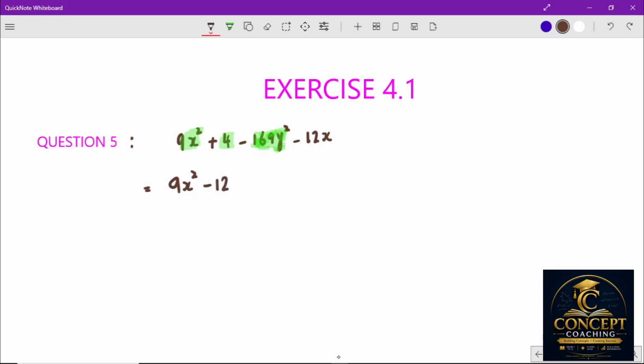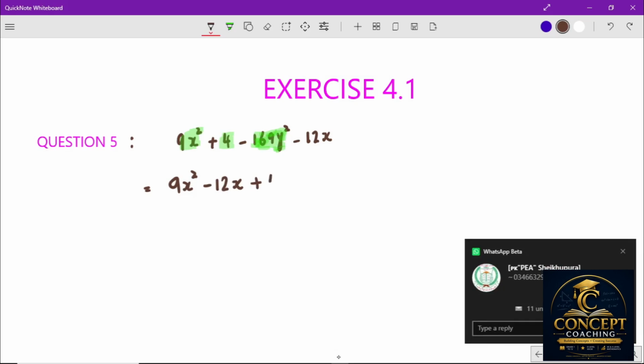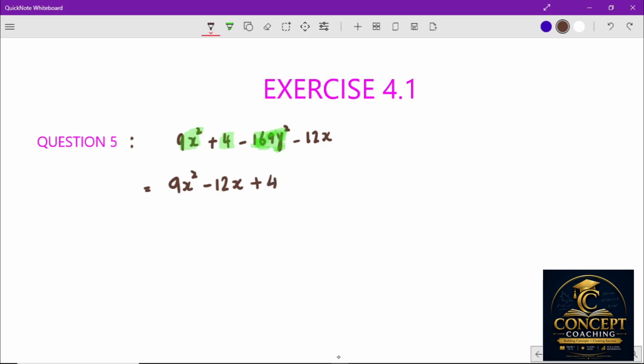So we write minus 12x and plus 4. This is the form of a minus b whole square. The first value is a square and the last value is a square, and we have the negative value in the middle. This is the form of a minus b whole square.